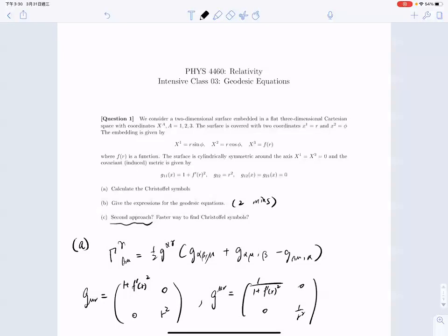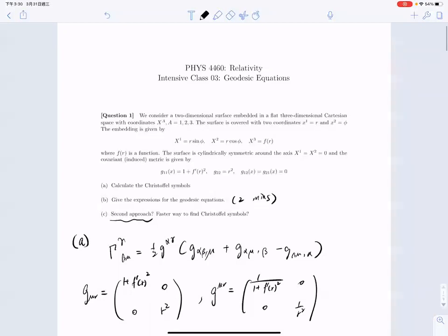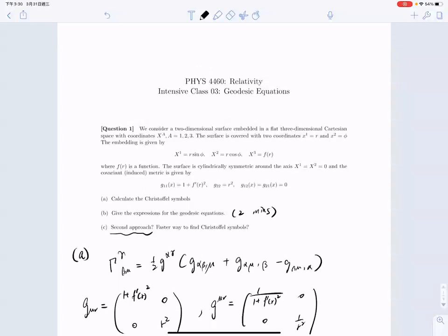Yeah, we may end this class very early, because I think if you make sure you understood all the geodesic equation, Riemann geometry, and Christoffel symbol, you can easily deal with gravitational waves and black hole dynamics, something like this. If you have no question, you can leave now. Yeah, this is the end of intensive class 3 today.